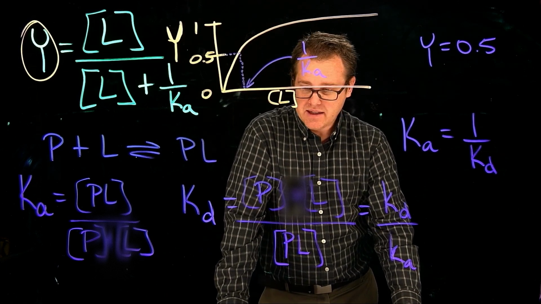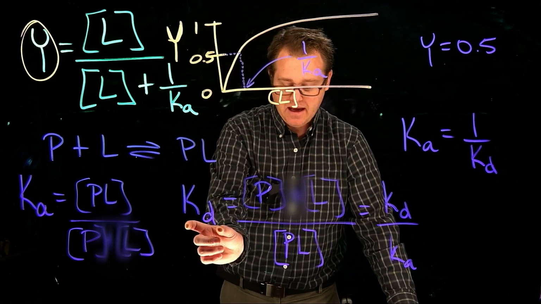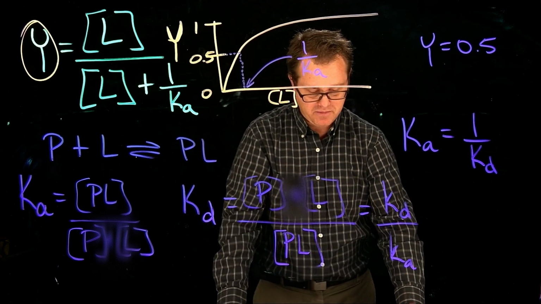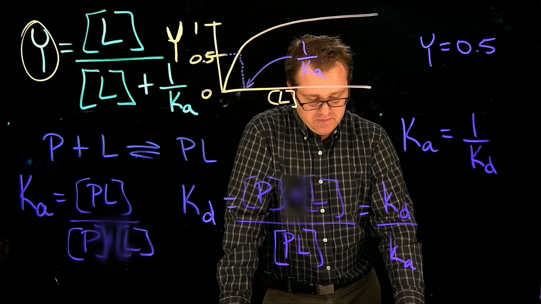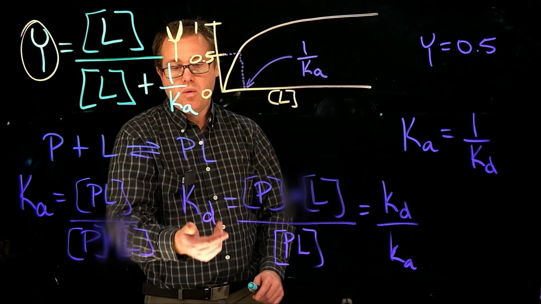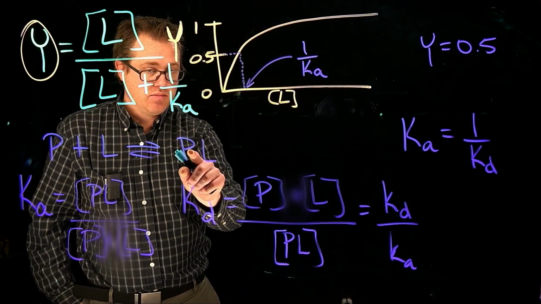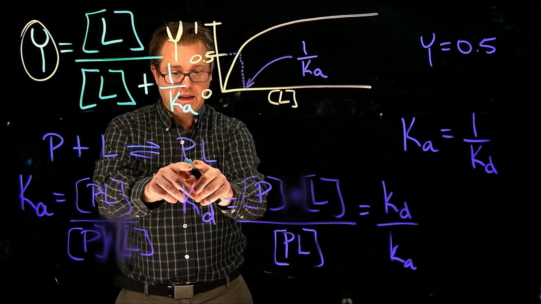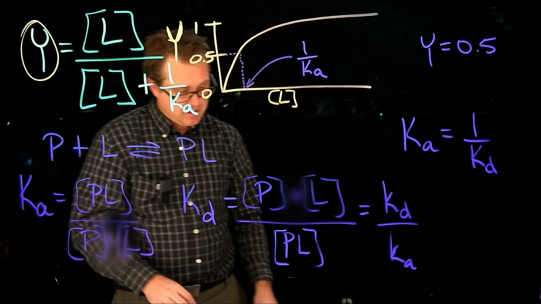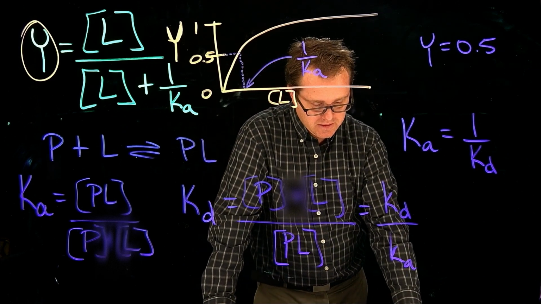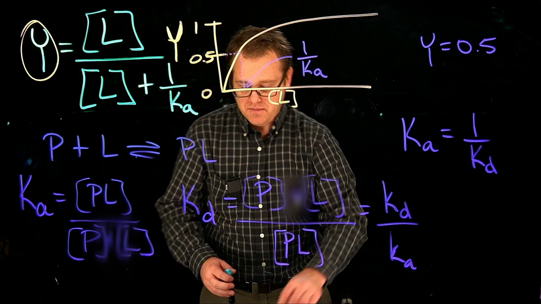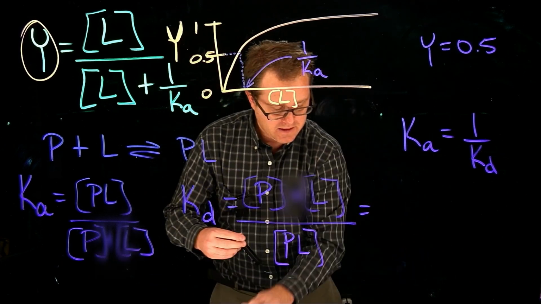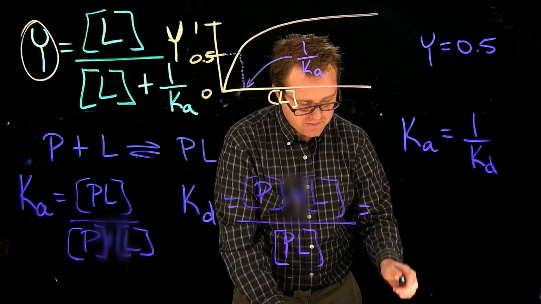And so what this Kd represents, okay, that is the dissociation constant at equilibrium. So that's looking at how well this protein ligand complex, how easily does it release? Okay. And Kd, the dissociation constant, is in terms of molarity.